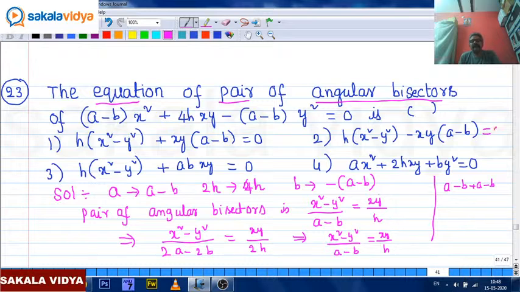So that means the second option is the right option.